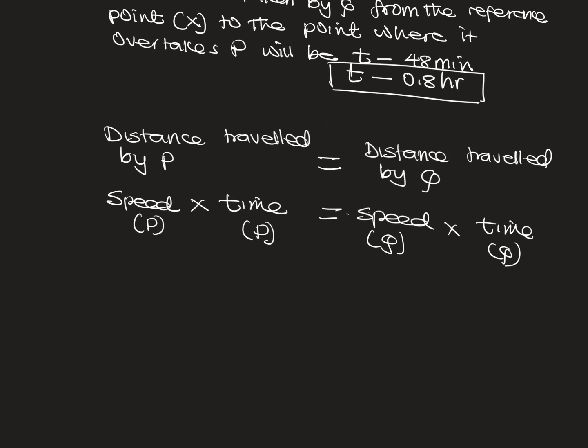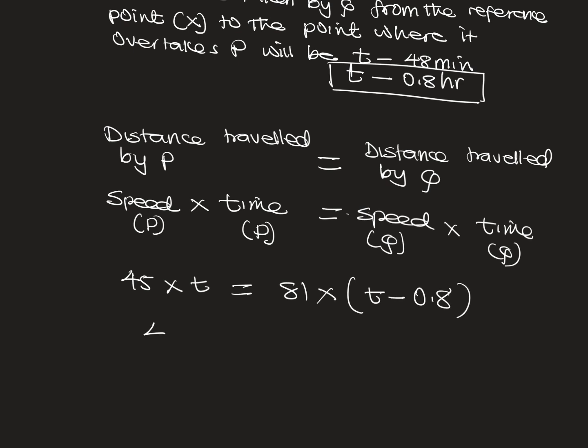All right. So what is the speed of P? It was 45 kilometers per hour multiplied by the time we said is T. This is equal to the speed of Q, 81, multiplied by the time, which is what? T minus 0.8.